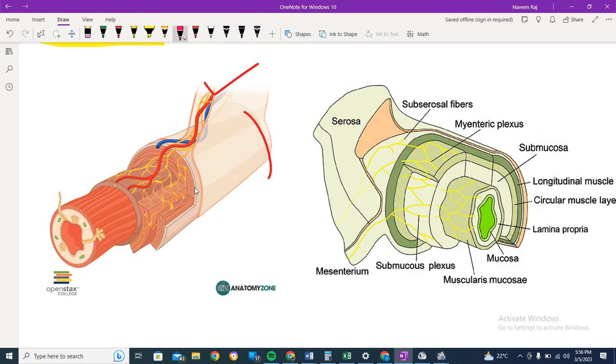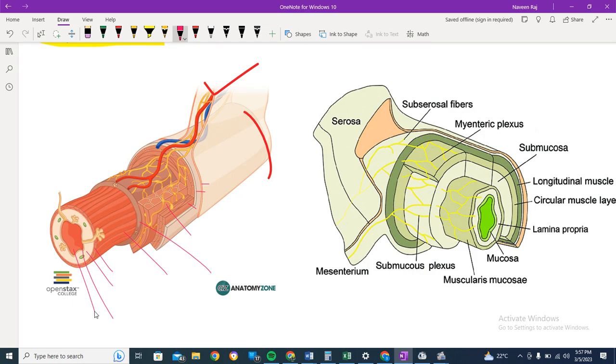You're going to see covering 1, covering 2, covering 3, covering 4, covering 5, covering 6, covering 7, covering 8, covering 9, covering 10. So there's a complete complex system which runs in the walls of the stomach. So without wasting time, let's get into it.